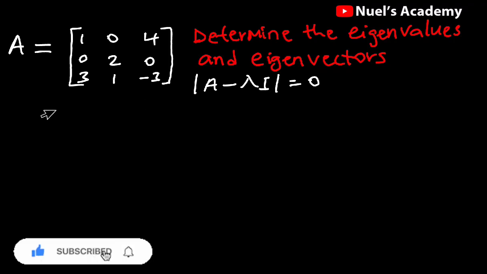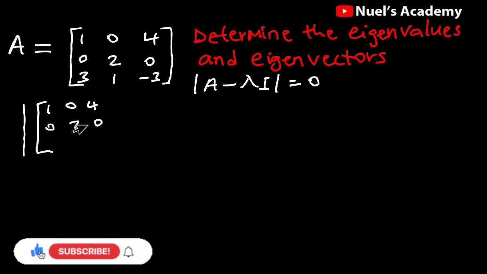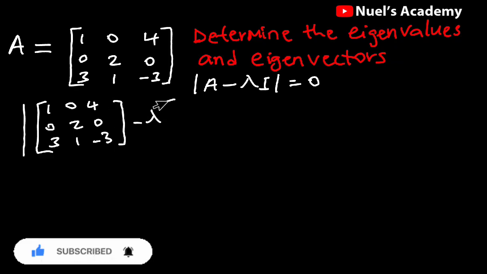So we have the determinant of matrix A, which is 1, 0, 4, 0, 2, 0 and 3, 1, negative 3, minus lambda multiplied by the identity matrix, which is going to be the 3 by 3 identity matrix.